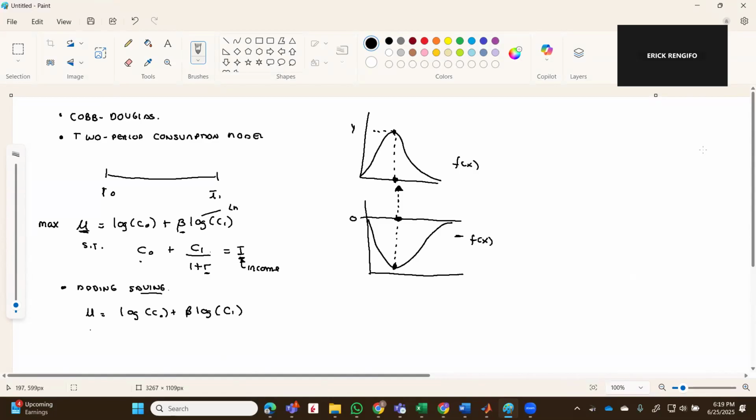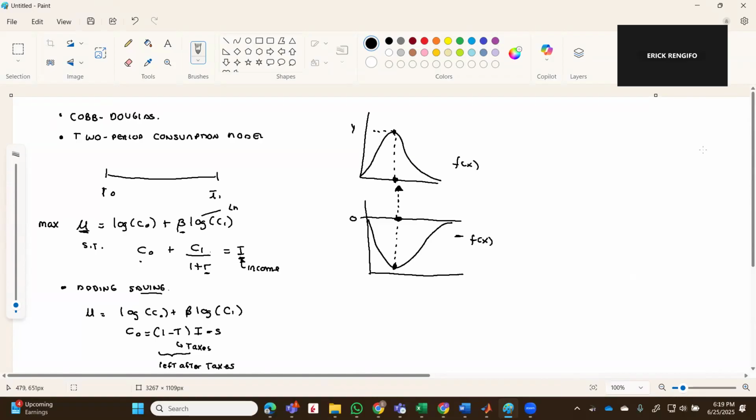But now I will write the following condition. C0 is going to be equal to (1 minus t) times I minus s. Let me explain what this is. T represents taxes. So what is 1 minus t, guys? This is what is left after taxes, correct? Agree with me?